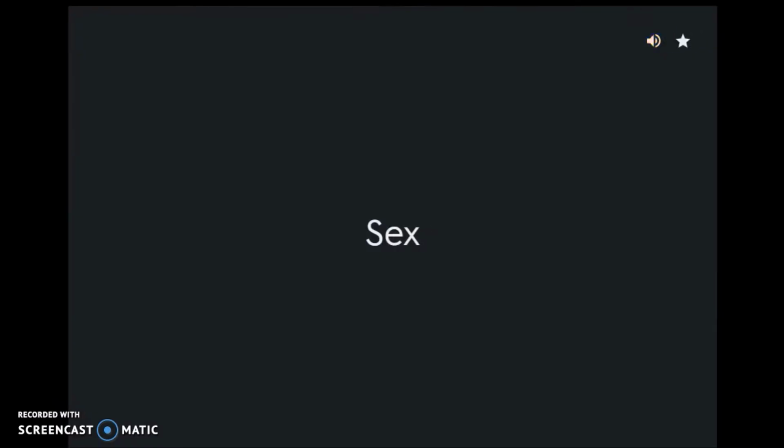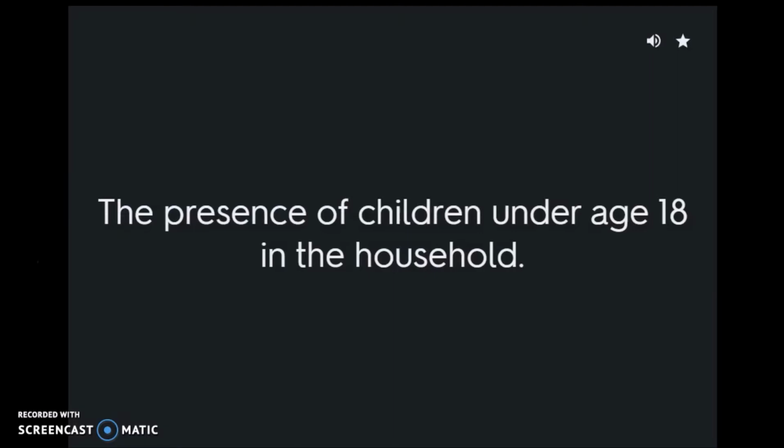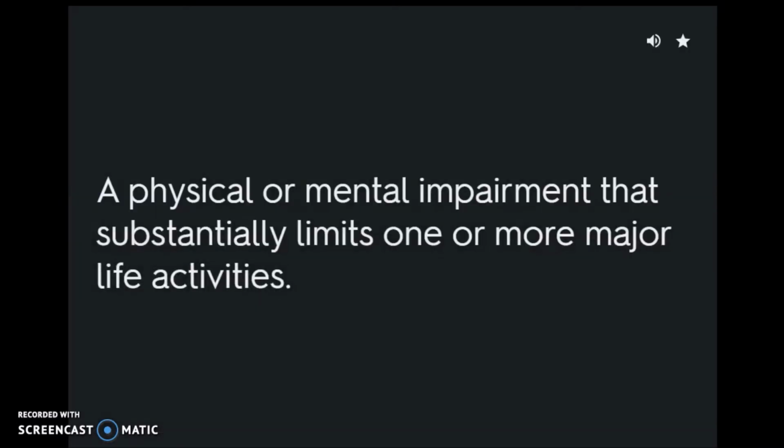Is or is believed to be a victim of domestic abuse, sexual assault, or stalking. Sex. Gender. Familial status. The presence of children under age 18 in the household. Disability. A physical or mental impairment that substantially limits one or more major life activities.